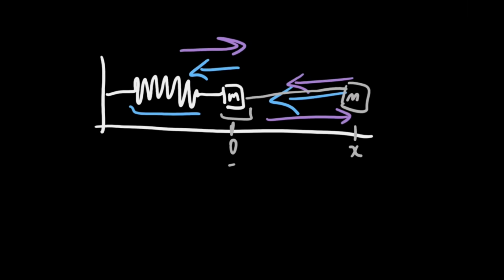At the equilibrium position right here, the net force is equal to 0. Additionally, at this point here is when we have the maximum kinetic energy. Why is that? It's because all of our potential spring energy has dissipated, right? Because spring energy is equal to 1/2 kx squared, and here our x is just 0. So here we have all kinetic energy, here we have all spring energy. Just an important thing to note.